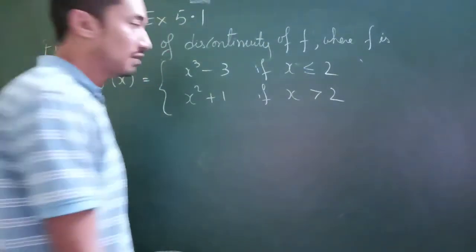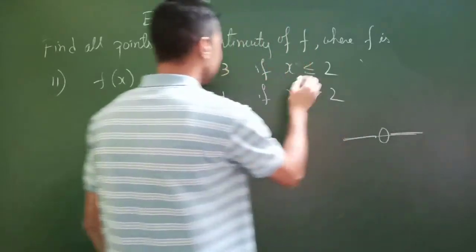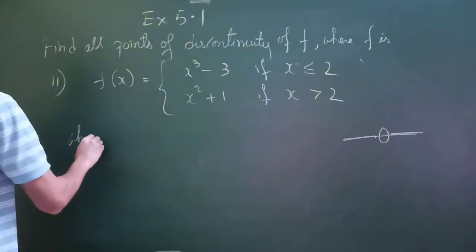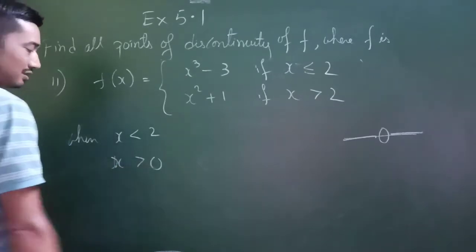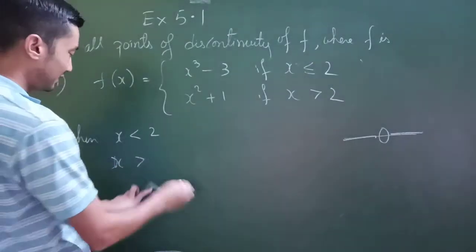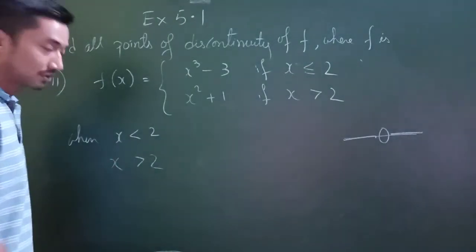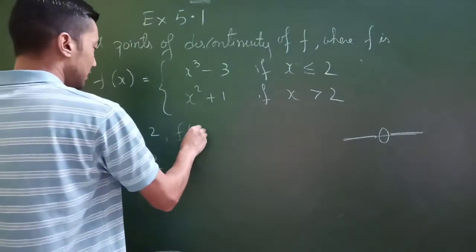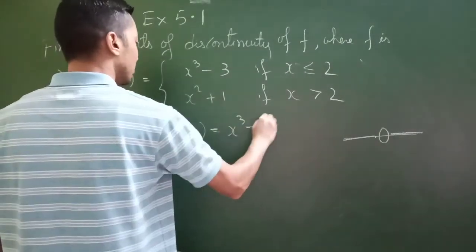So here also it is the same concept, that is, before 2 and after 2, when x is less than 2 and x is greater than 2. It's not necessary to write, but it's better to be more clear with what you write. What happens to our function? For x less than 2, our function is x cubed minus 3.